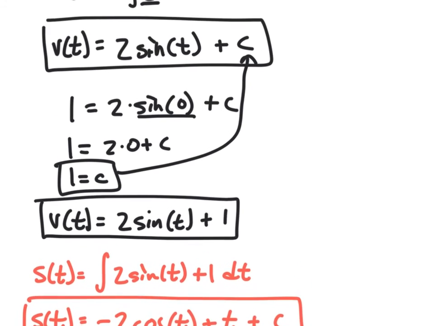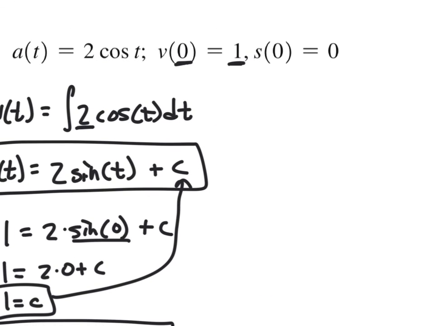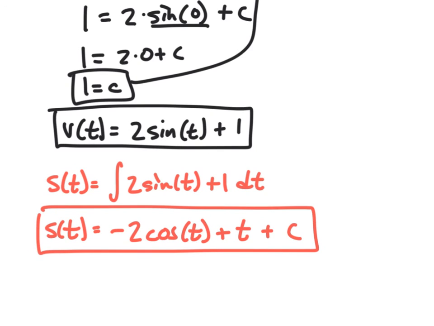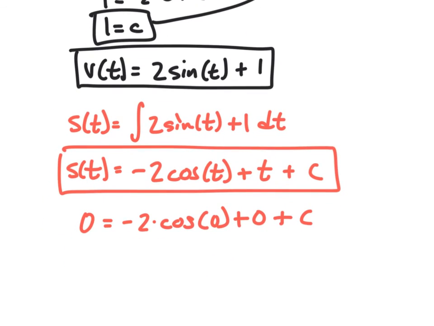And I have the initial condition that my position is 0 when time is 0. So I'm going to go ahead and plug that in. And so I end up getting that 0 is equal to negative 2 times cosine of 0 plus 0 plus c. Cosine of 0 is 1. So negative 2 times 1 plus 0, I'm just going to leave that, and then plus c.